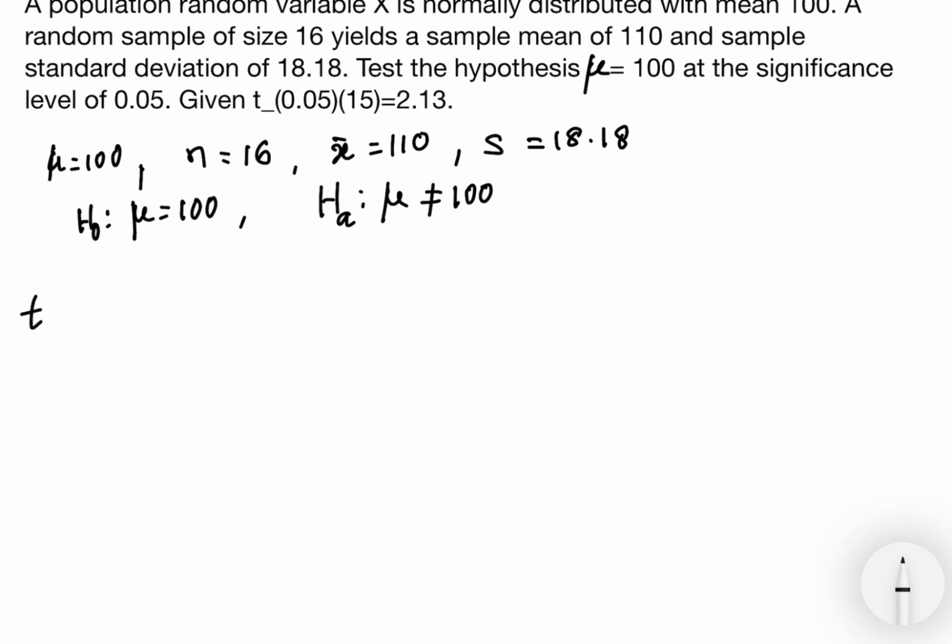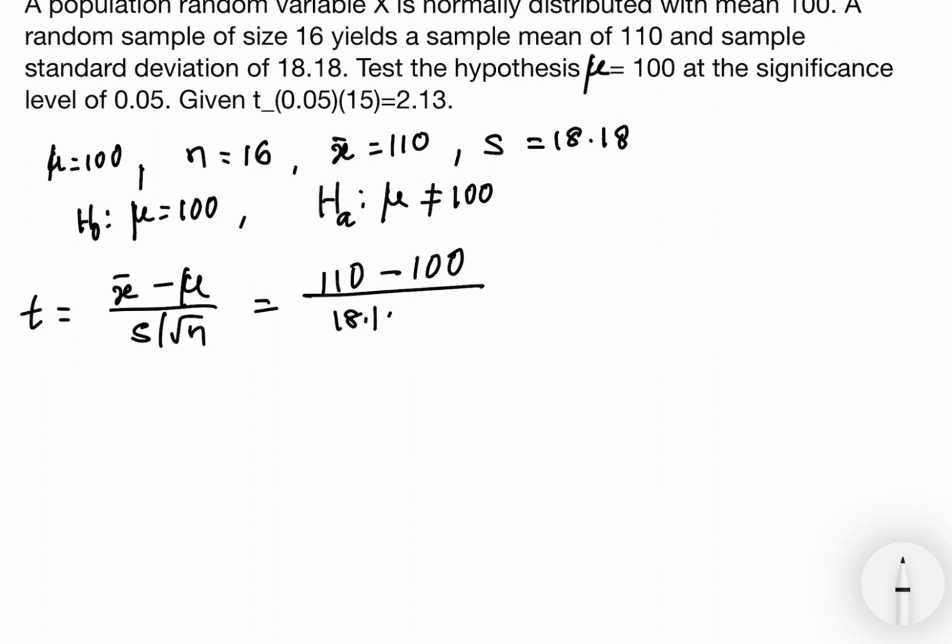So let us calculate T. T is x bar minus mu over S divided by root n. That gives us 110 minus 100 divided by 18.18 over square root of 16. So this gives us 2.20.